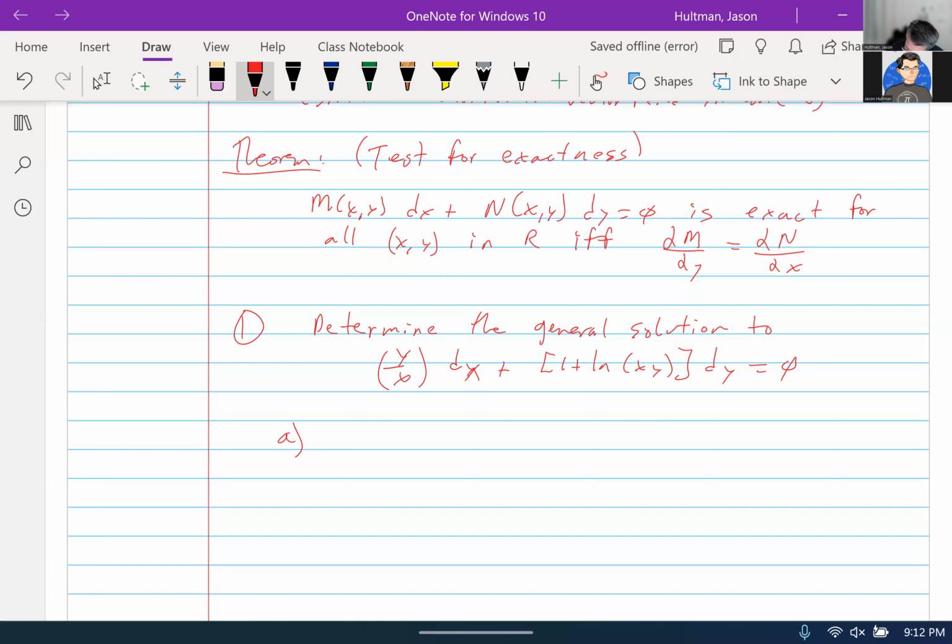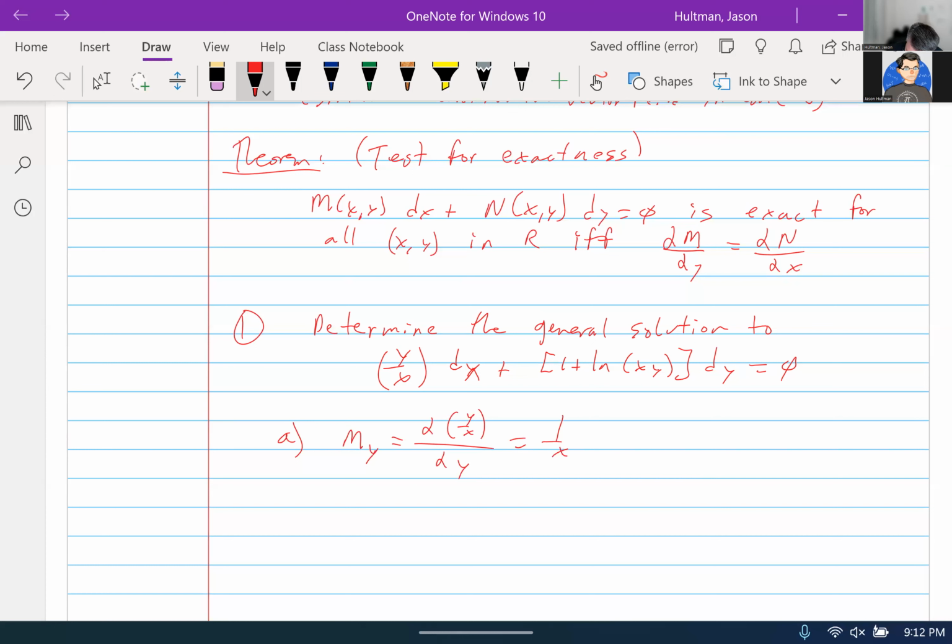We want M sub y, the partial derivative with respect to y. M is y over x, so the partial of y over x with respect to y: we treat x as a constant, and the derivative with respect to y is 1 over x.